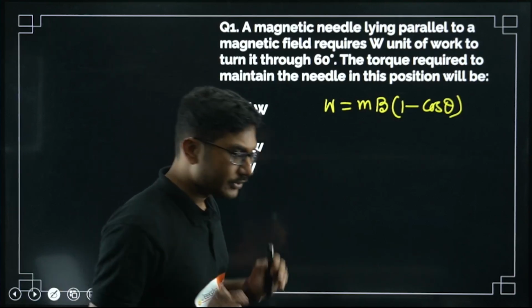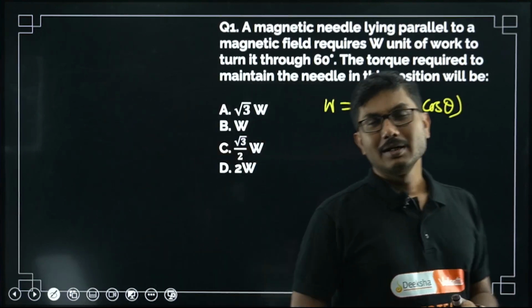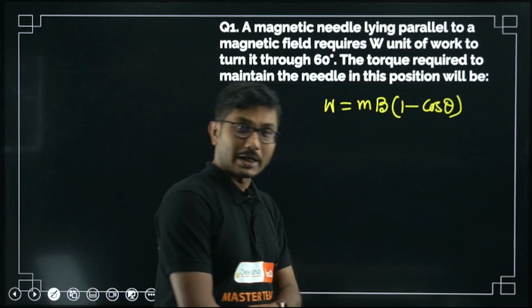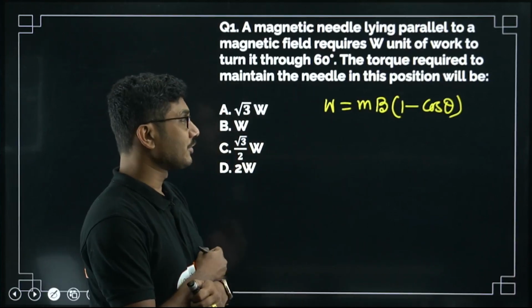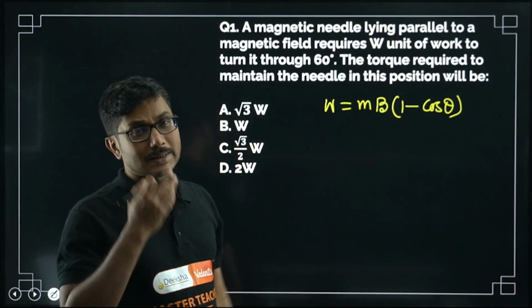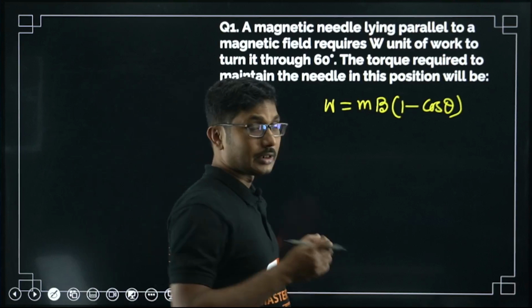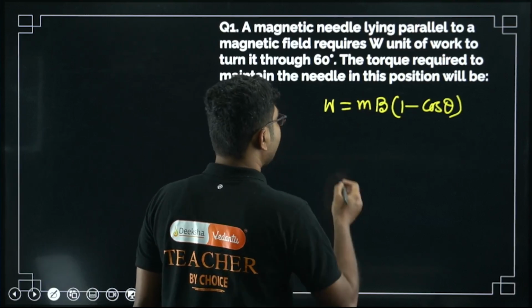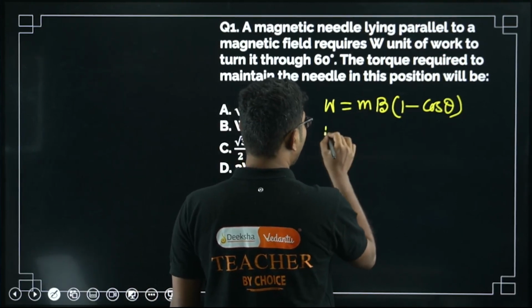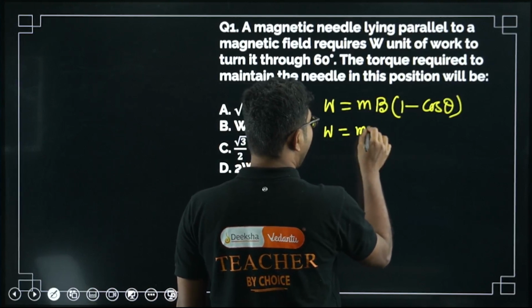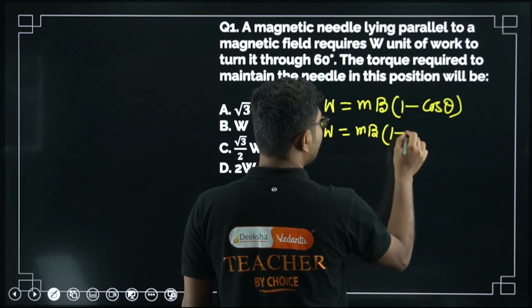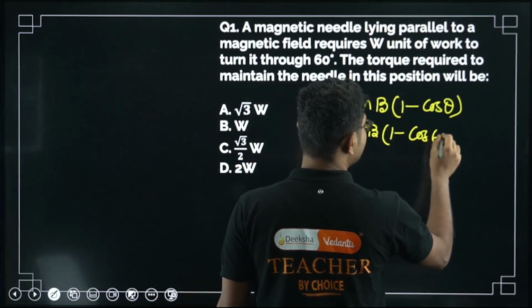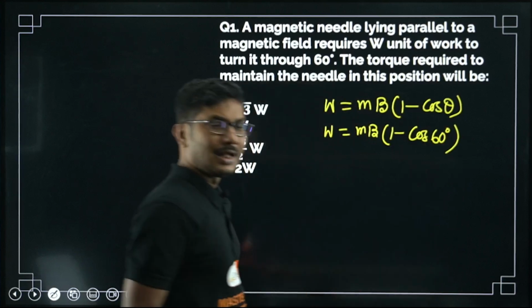The potential energy difference is the work done. Work done is basically the change in the potential energy. So that's how you can calculate this work done. Now it is given that this is W, and the angle is also given, 60 degrees.